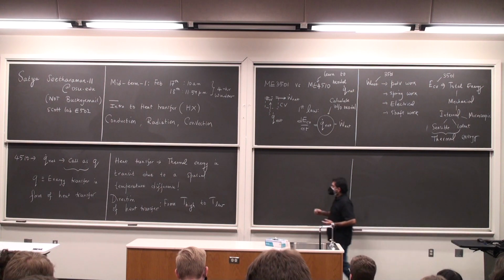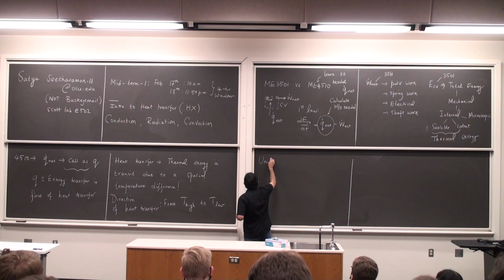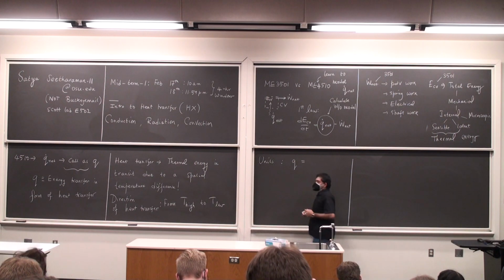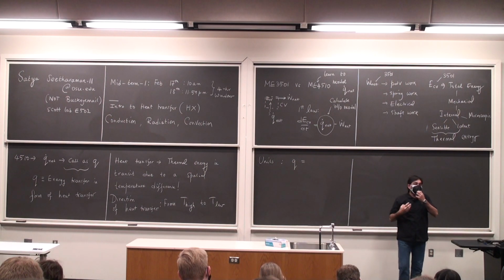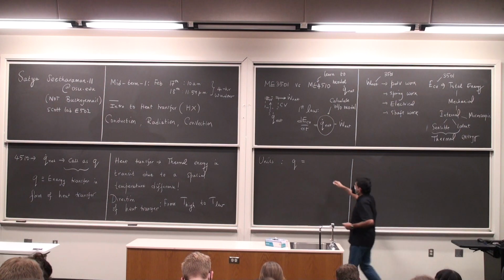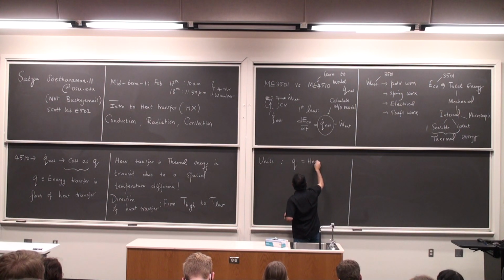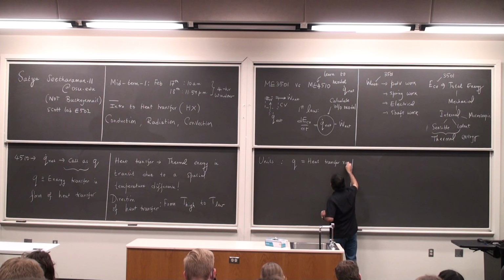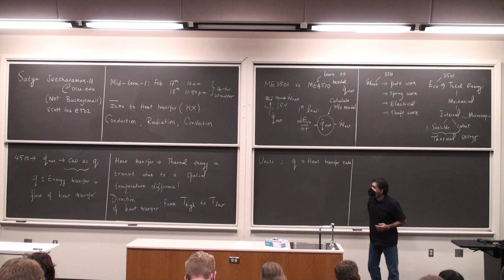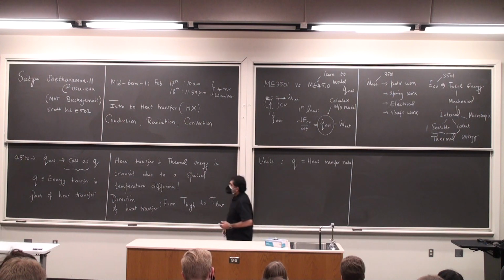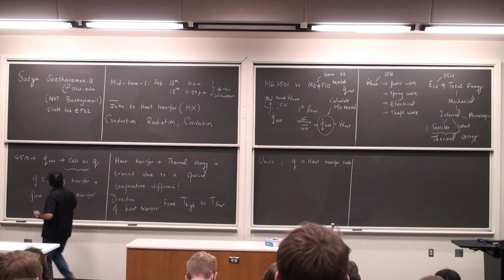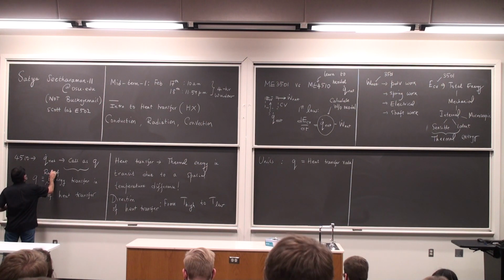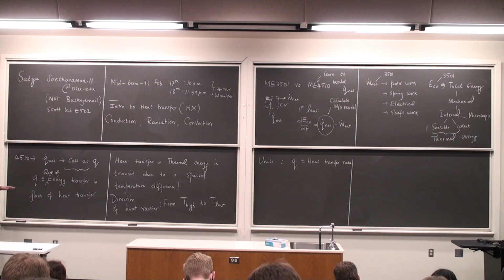Units for Q. It's the rate of heat transfer. So this is the rate of heat transfer. So heat transfer rate. That's the name that we are going to give for this. This is the rate of energy transfer. I should make a mention here: the rate of energy transfer in the form of heat transfer.